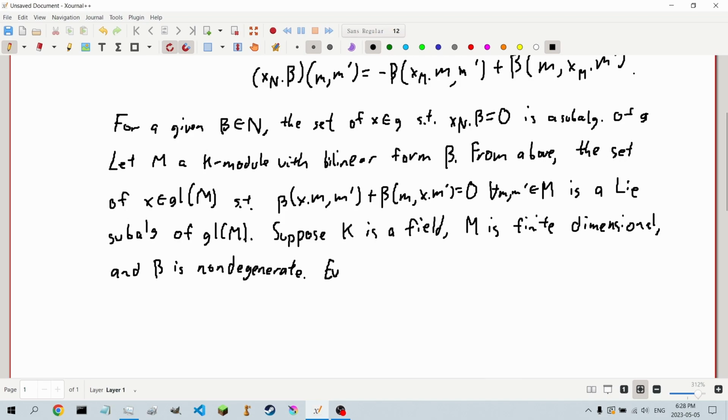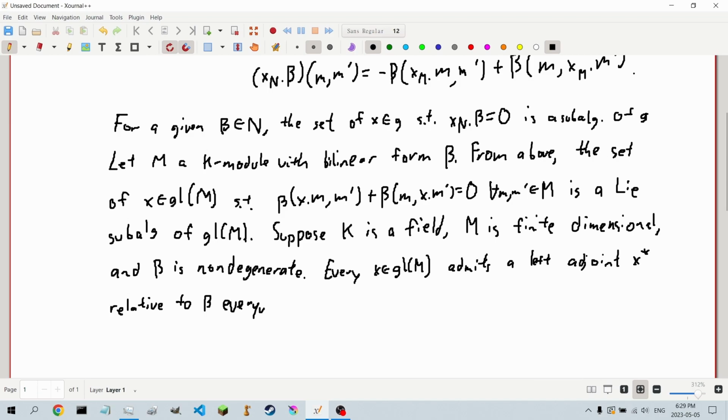So then every x in GL of M admits a left adjoint x star relative to beta, which is everywhere defined.